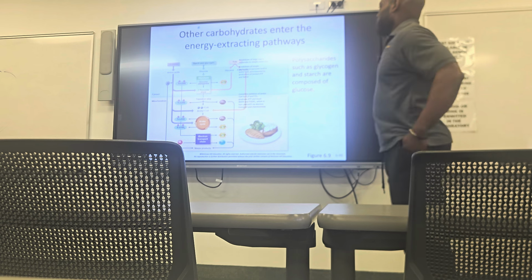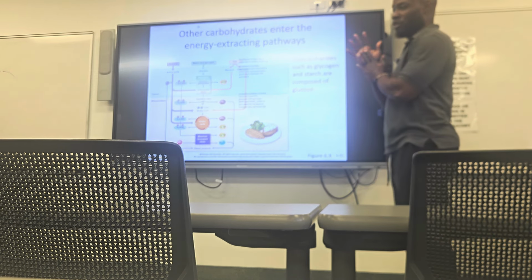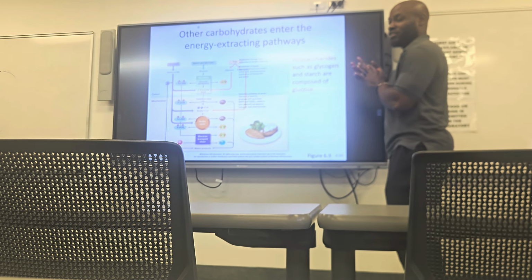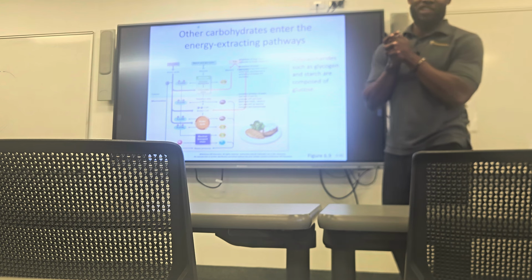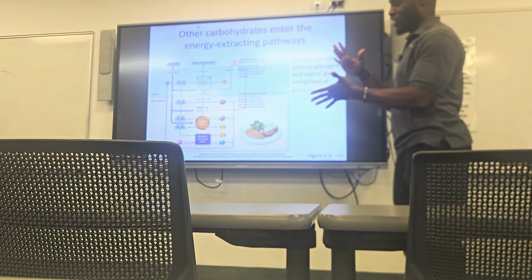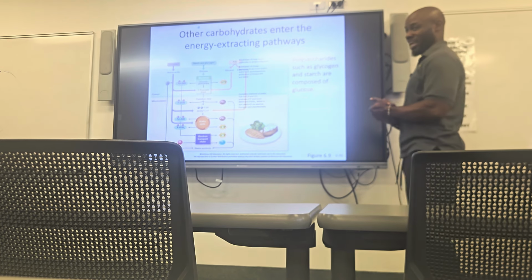All right, so other carbohydrates can enter the energy extracting pathways, right? So most of the food you eat is not pure glucose. So how do we get to glucose that your body can use in the glycolysis, Krebs cycle, electron transport chain? Most of the food we eat is actually polysaccharides.